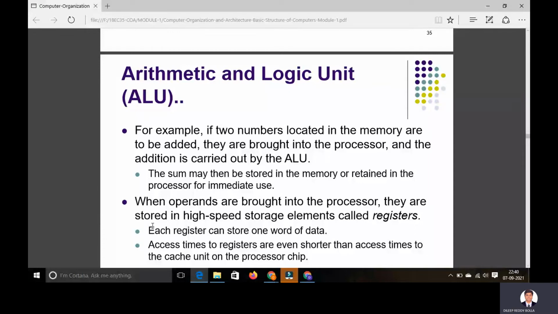Registers. Each register can store at least one word of data, and the time required to access it is even shorter than the access time of the cache unit on the processor chip.